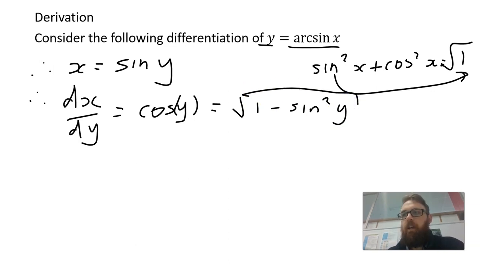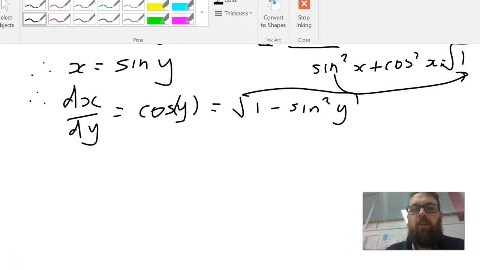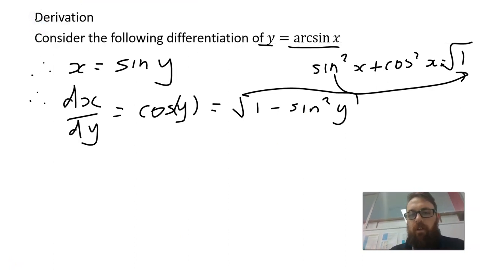So we've had a bit of mucking around so far, but the reason we've done all of this is because now we can say we let our x equal sine y, therefore this equals the square root of 1 minus x squared, and that's still for our dx by dy.